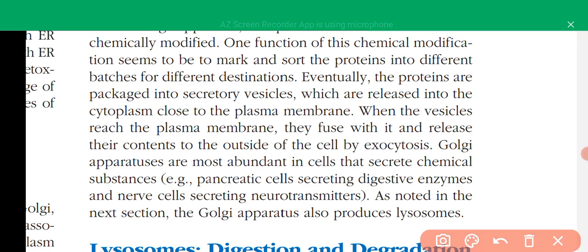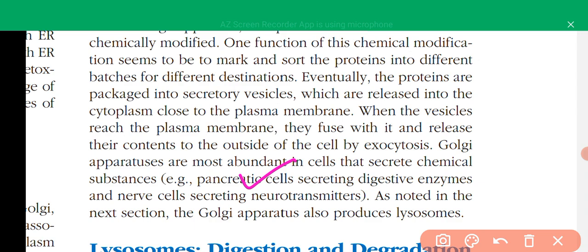Different hydrolytic enzymes are produced by the endoplasmic reticulum and forwarded to the Golgi apparatus, which packs these materials inside the cell and forms lysosomes.